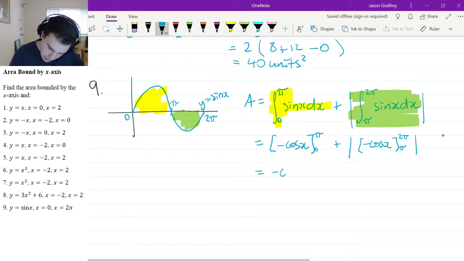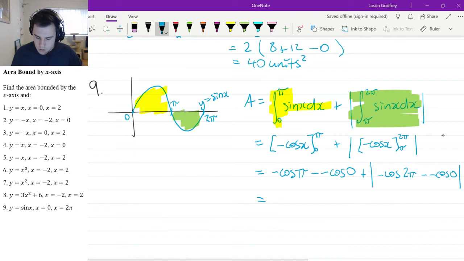So subbing in negative cos pi minus negative cos of 0, plus absolute value of negative cos of 2 pi minus negative cos of 0. Now you can put this all in your calculator at this point, as long as your calculator is in radians mode.